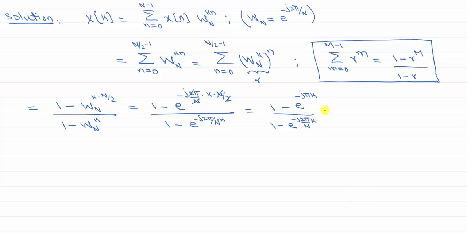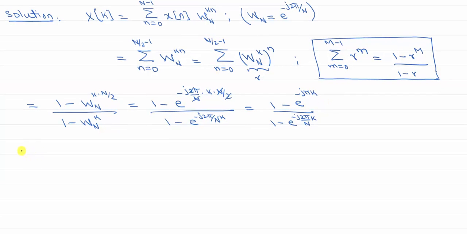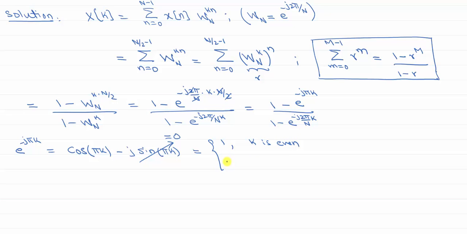I'll simplify this further. So let's look at e to the minus j pi k. Remember that is cosine of pi k minus j sine of pi k. Now sine of pi k for any integer k is 0, and cosine is equal to 1 if k is even, and minus 1 if k is odd.